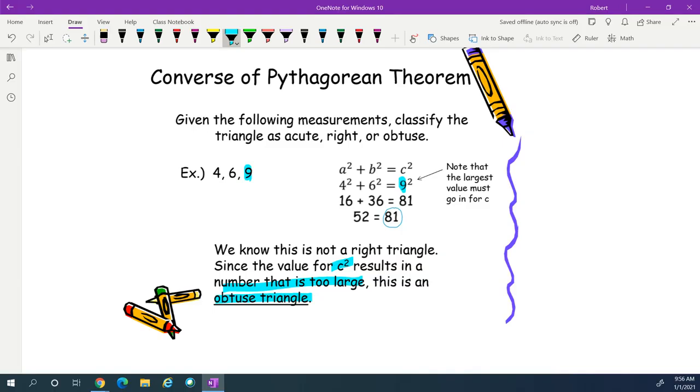And keep that relationship. If the C squared number is big, the angle's big, right? When they're equal, the C squared number is the right number, so it's a right angle. When the C squared is big, the angle's big, obtuse. When the C squared is small, the angle's small, acute. Very simple relationships connecting the angle and the side that is opposite it.